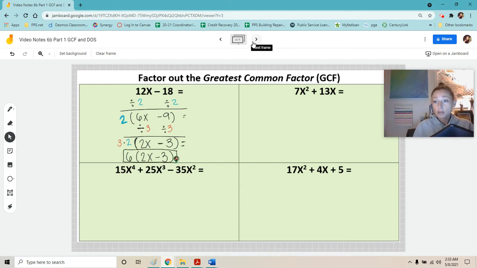So now I just want to check my work to make sure that that makes sense. So I'm going to reverse that process. I'm going to do a distribution and see if I get back to my original equation. Six times 2x is 12x, and 6 times minus 3 is minus 18.